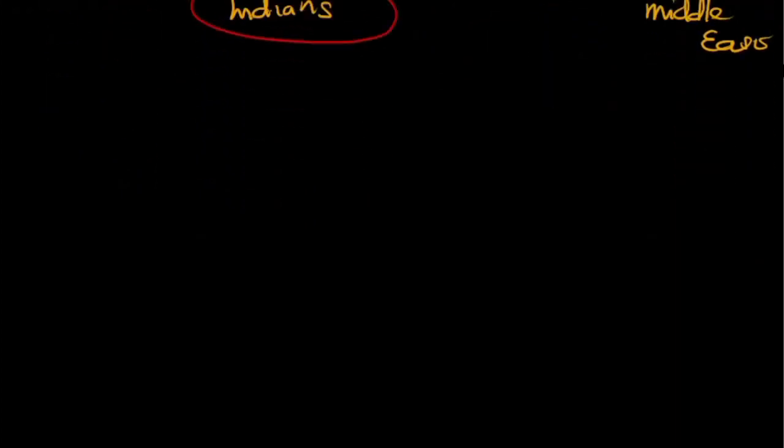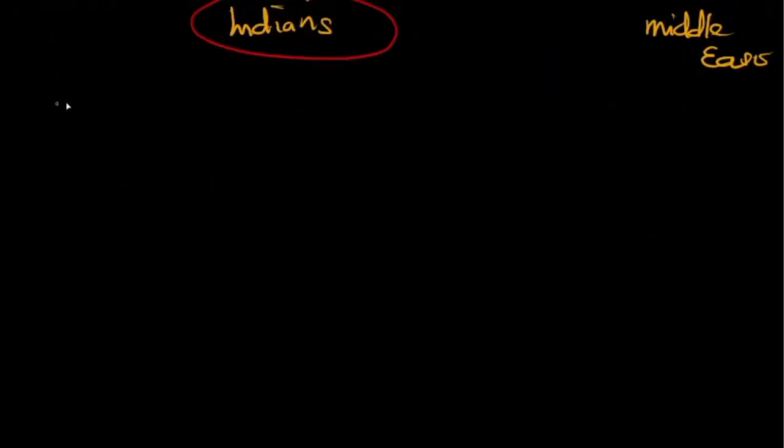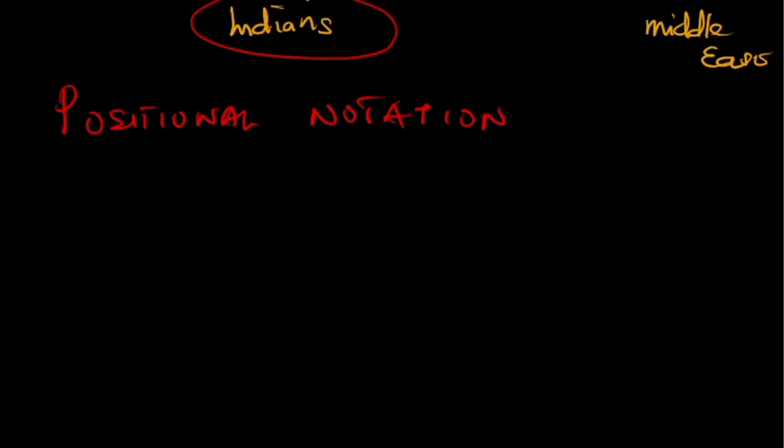But one thing that didn't change, which mattered a lot, was a concept called positional notation. This was a key concept that did not change. This is what made the Hindu Arabic system very special compared to the way other empires and nations were counting in those days.